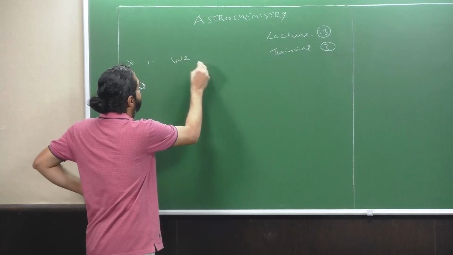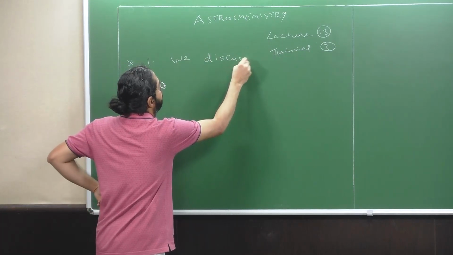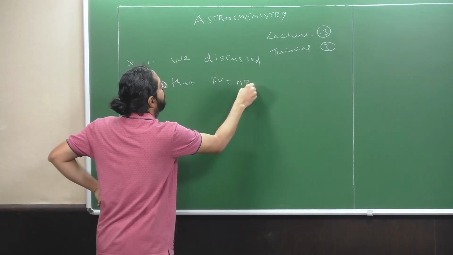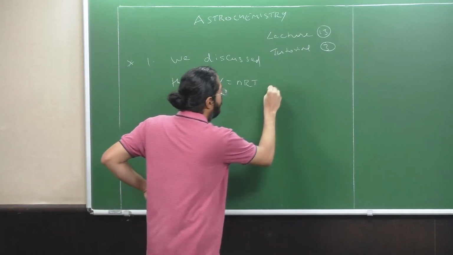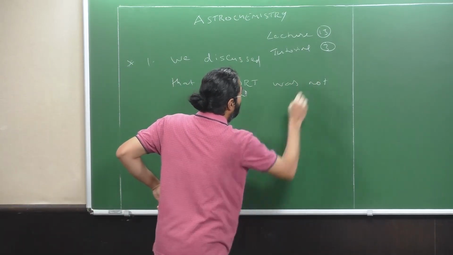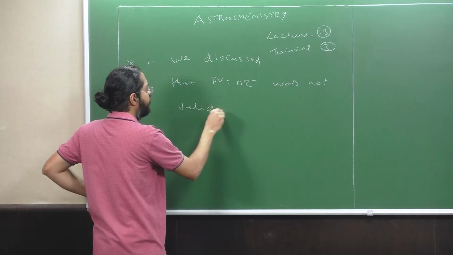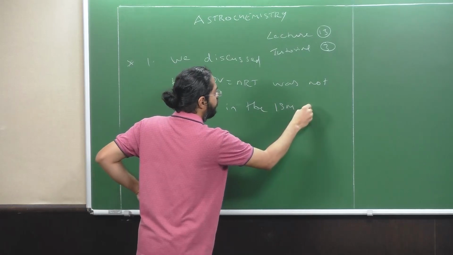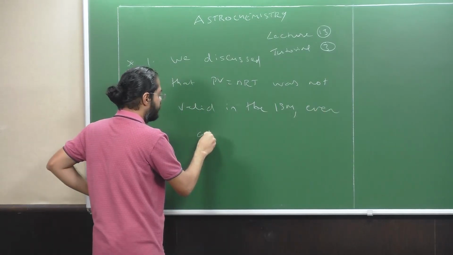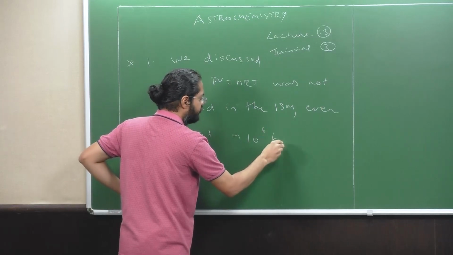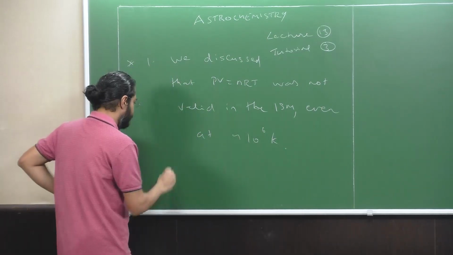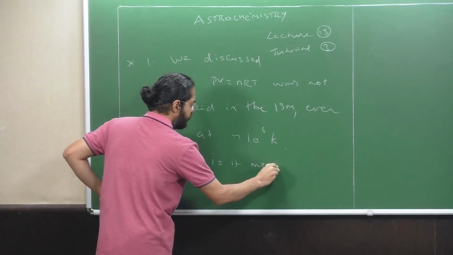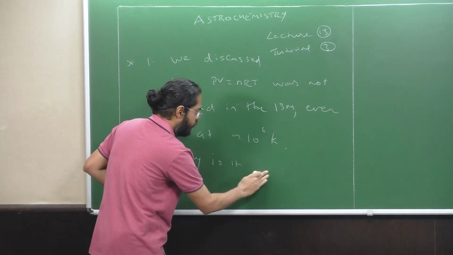We discussed that PV equals nRT was not valid in the ISM even at approximately 10 to the power 6 Kelvin. Why is it meaningful? What do I mean? Why is it true?